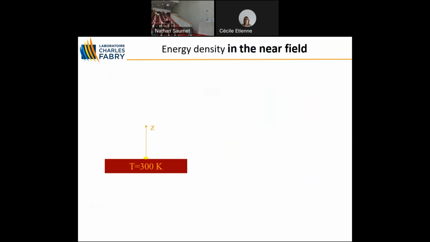I'm asking the question, what's happening as I get closer and closer to the surface? I can compute that. I'm just going to show you the result when I do the calculation for silicon carbide here. It's going to look quite strange. Then I'll show you glass, amorphous glass. And then I'll give you a hint of what's going on and why it's so strange.